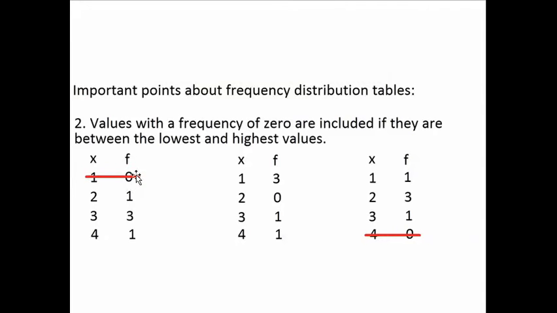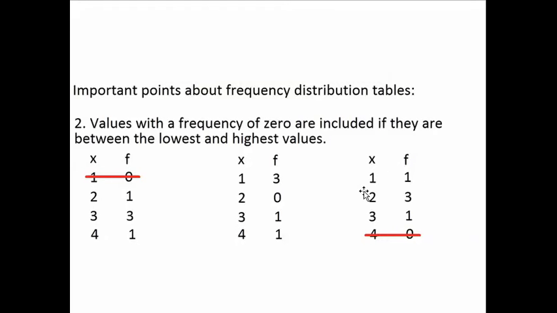We would leave this off, and this would be our entire table right here. The reason why we wouldn't include 1 in the X column is because 1 is below the lowest value. In this data set right here, 2 is the lowest value that appeared. So we wouldn't have to include 1 because that's below our lowest value.